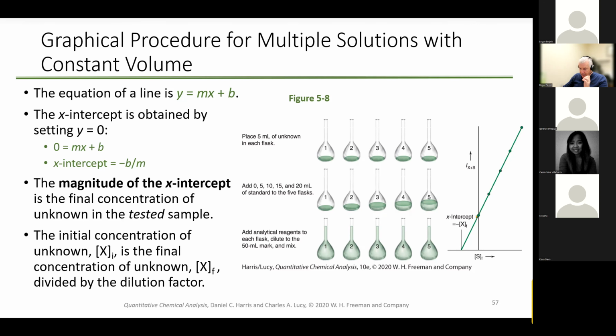But if that's the case, then you can go down to this point in the axis here, and you can read off the concentration that's in the original diluted sample here, right? It's almost like it's just shifted over by this many concentration units here, right?